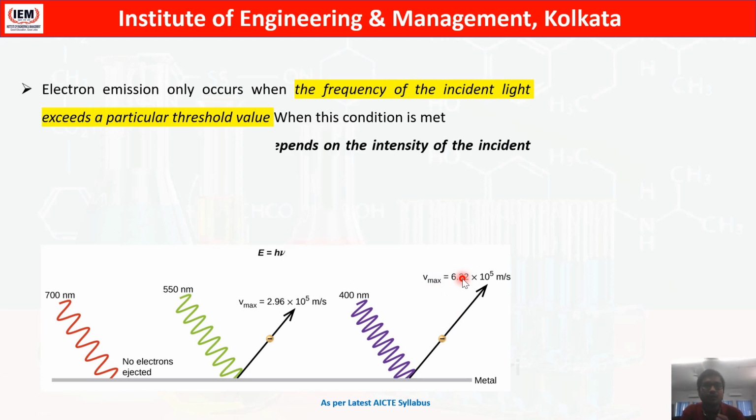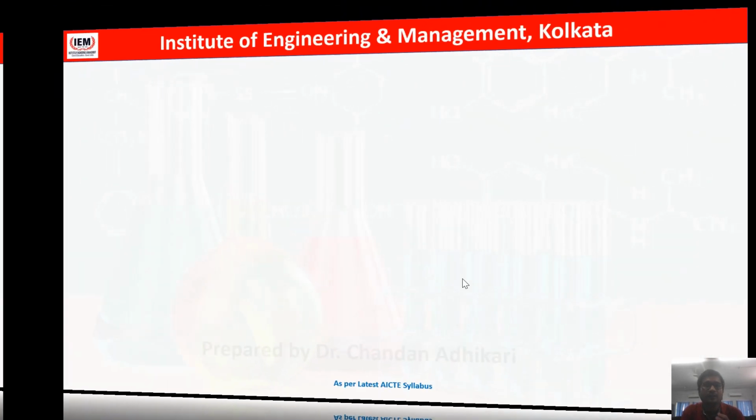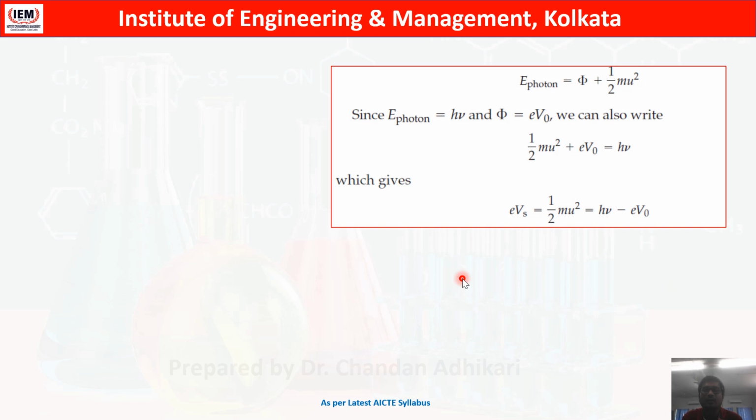Why? Because the kinetic energy of the electrons depends upon the frequency of the light. That means if the frequency of the light is more, the kinetic energy will be more. But how? A certain amount of energy is definitely needed as the threshold energy, that means to exceed the threshold limit, and if any energy is left, that is converted to the kinetic energy of the electron.